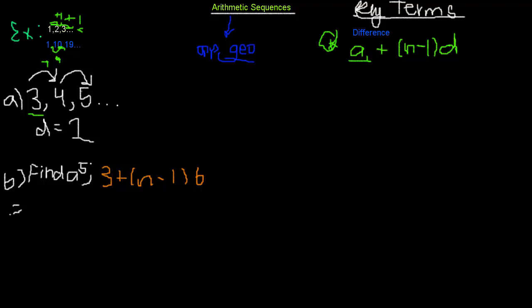So, the second instance tells us to apply this formula to find a of 5, or your fifth term, actually. And so, this is very similar to geometric sequences, and all you have to do is plug in this 5 into where n should be. And in this case, I will just plug that in as such.